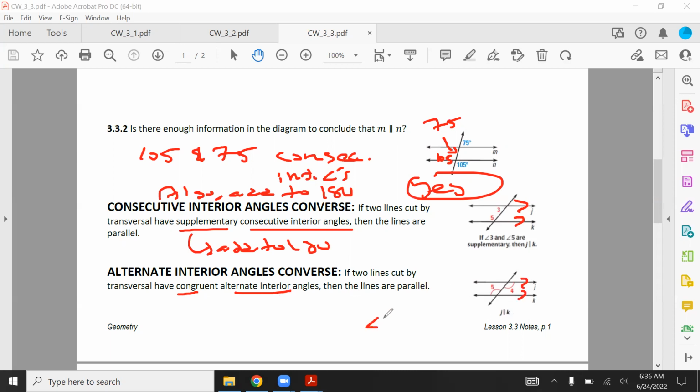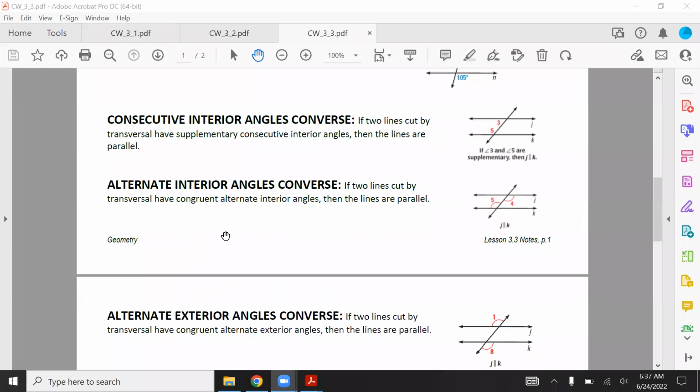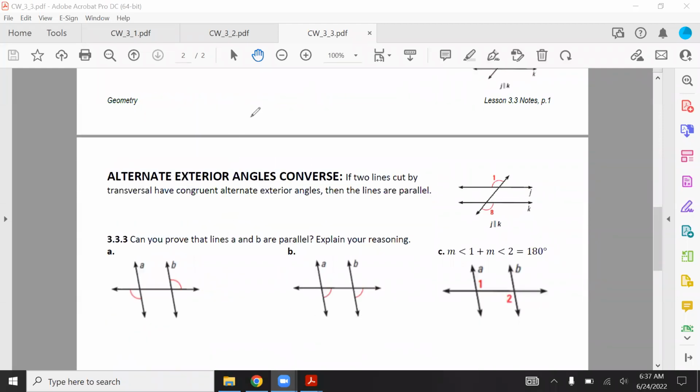And again, if angle 3 plus angle 5 adds up to 180 and they are on the same side of the interior, that's also going to be parallel. So you're just going the opposite way. And same thing with alternate exterior. If 1 and 8 are congruent, and they're both on the outside and they alternate, you can say these lines are parallel as well.